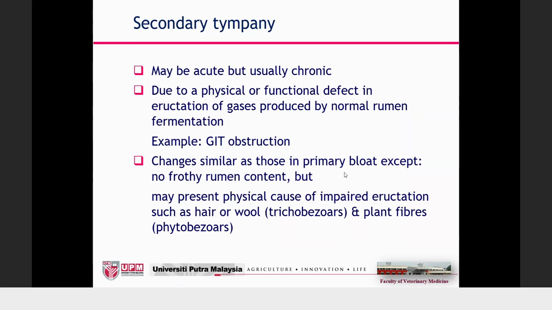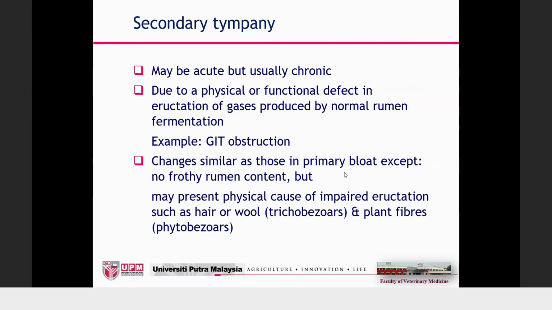In cases of secondary tympany or secondary bloat, there may be an acute onset when the incident of bloat is acute, but the process to have secondary tympany actually is a chronic process, meaning it takes some time. Not like primary tympany, which may take a much shorter time, whether acute or subacute.